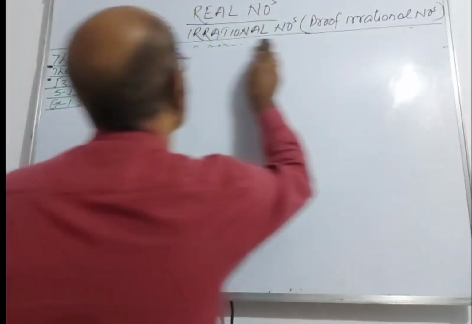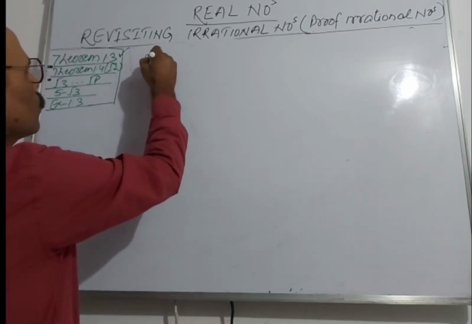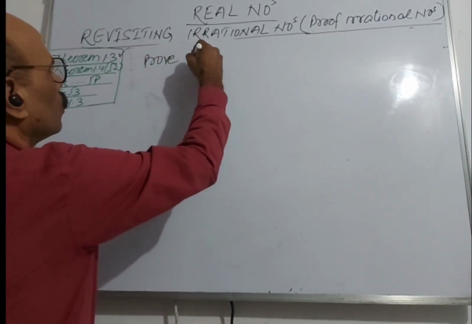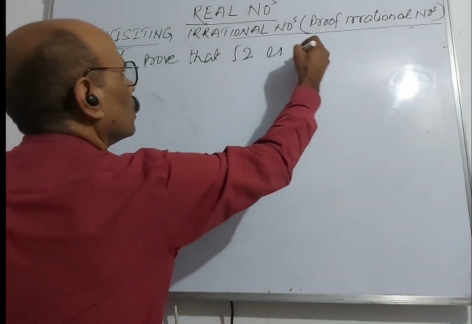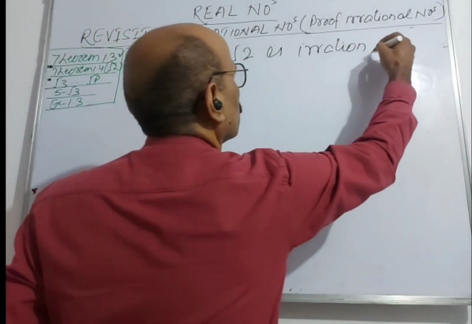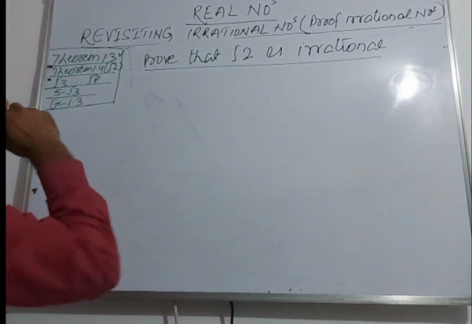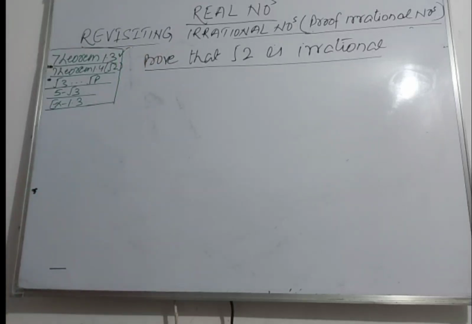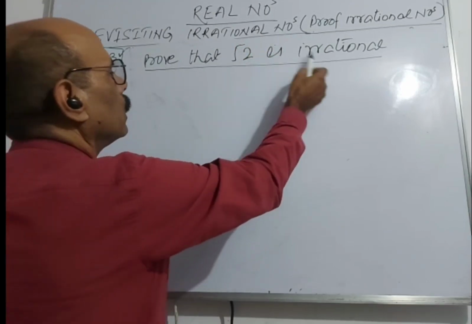We have to prove that root 2 is irrational, and we will take help of that theorem. For this, what we have to do? Suppose, let us assume just the opposite of it being irrational.